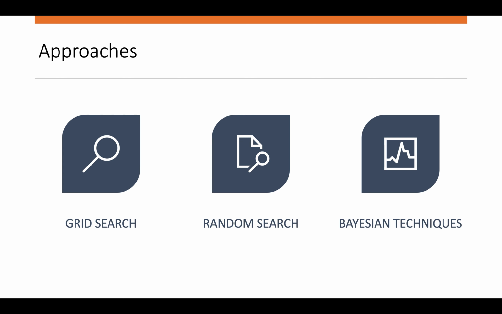Random search differs from grid search in the sense that you no longer provide a discrete set of values to explore for each parameter. Instead, you provide a statistical distribution for each hyperparameter, from which values are randomly sampled, and you set the total number of combinations that you want to try.